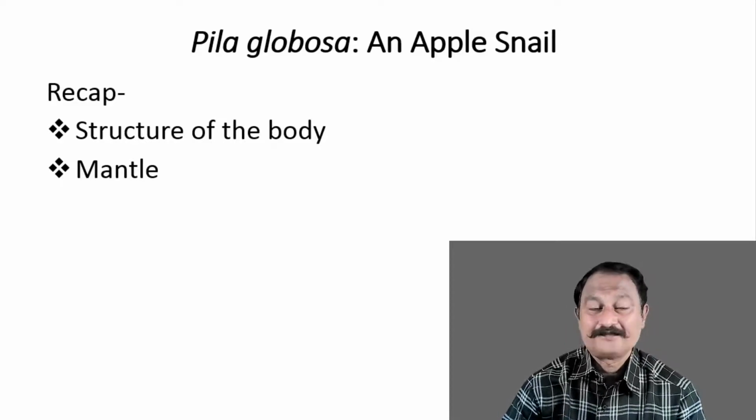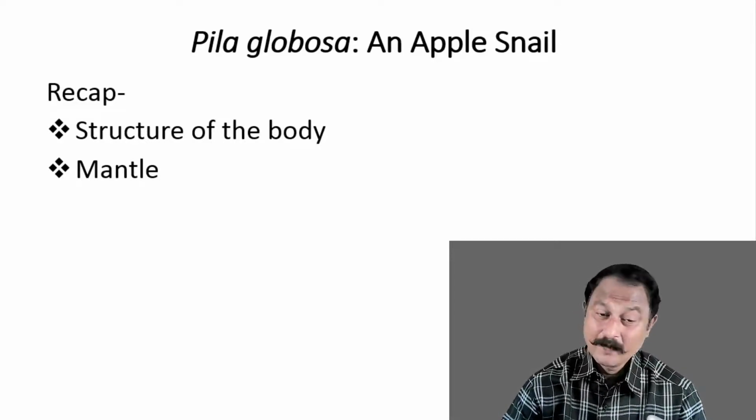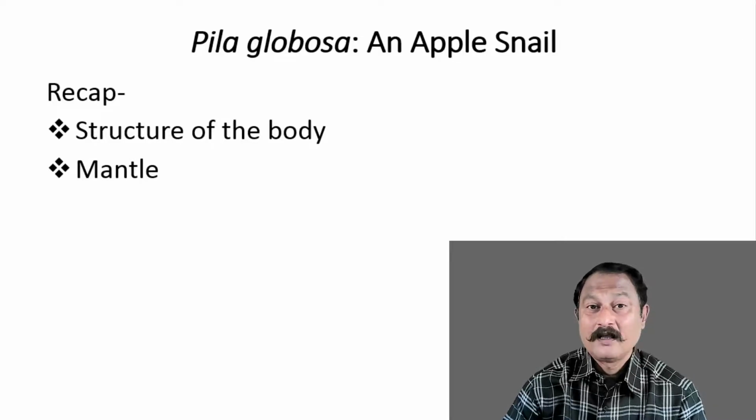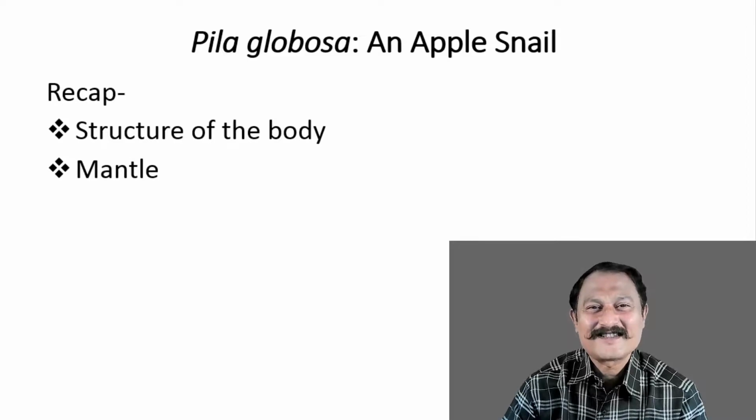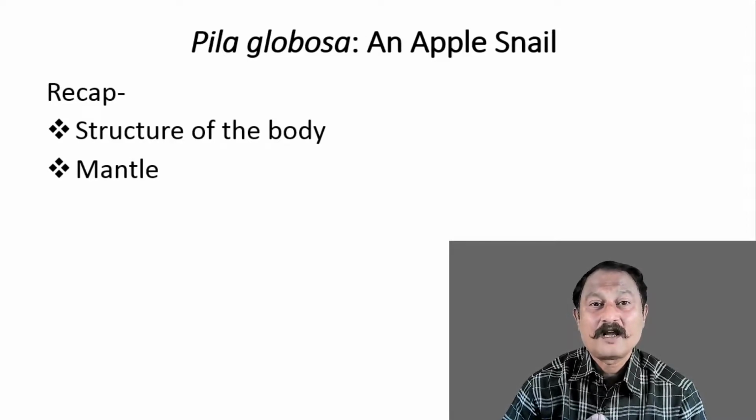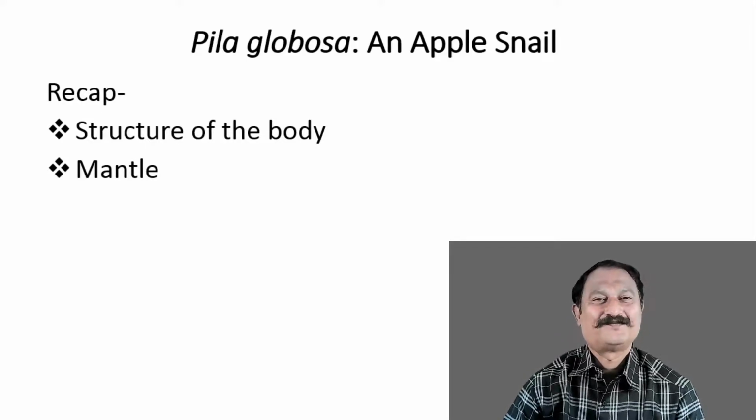Here the mantle is located below the shell, but mantle or pallium, we call it, secretes the calcareous shell, means from the secretion of mantle the calcareous shell is formed.